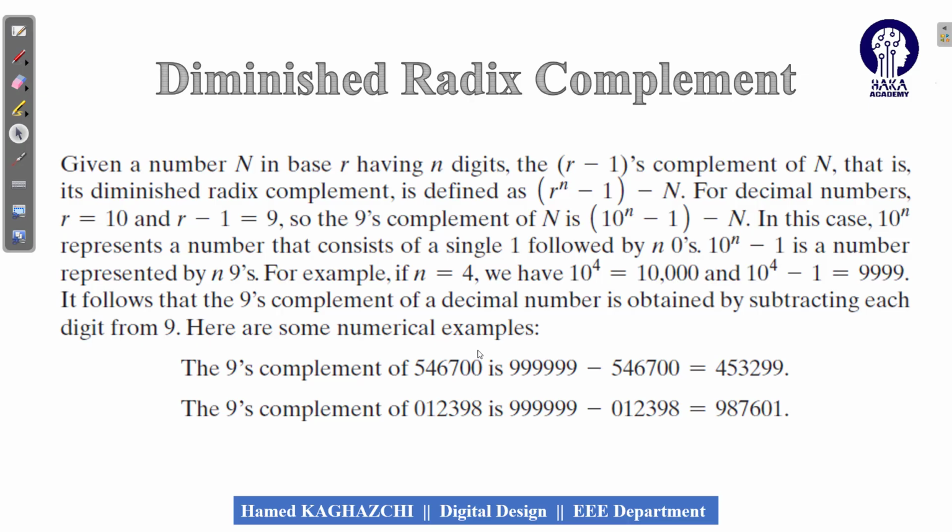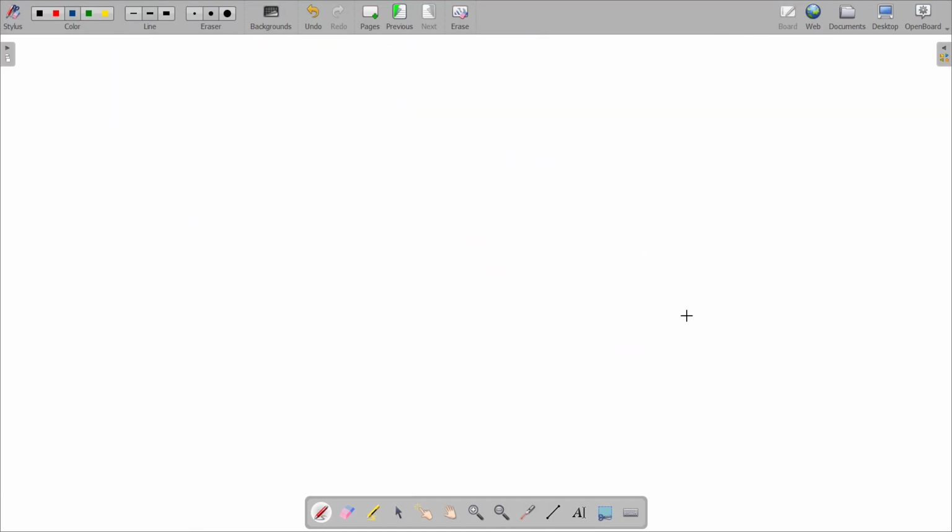First of all, suppose that we want to talk about the diminished radix complement, or the R minus 1 complement. The general formula for finding the diminished radix complement is this: R to the power of n minus 1 minus n. Suppose first that R is equal to 10.